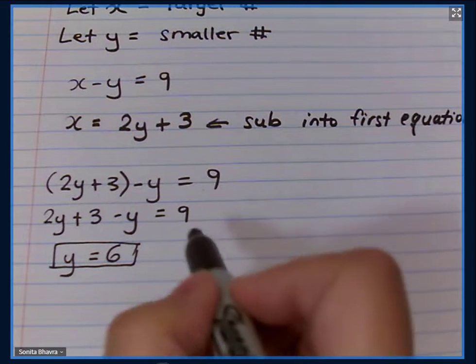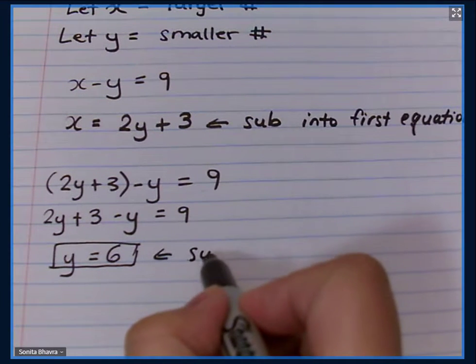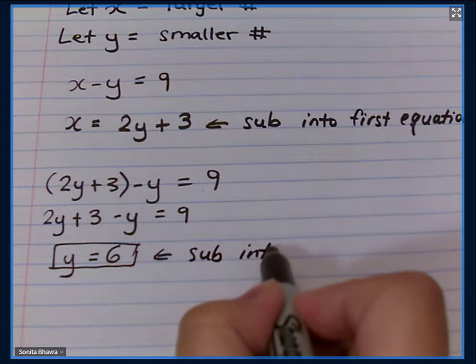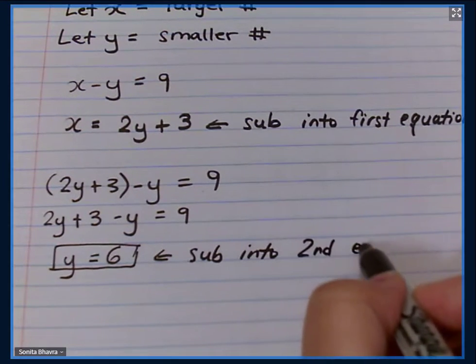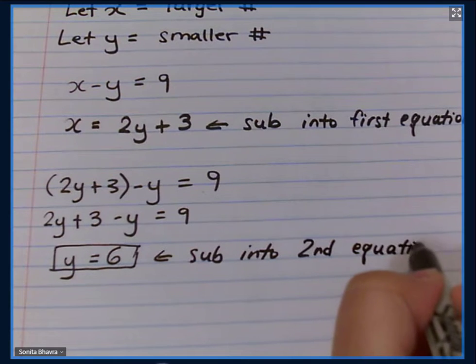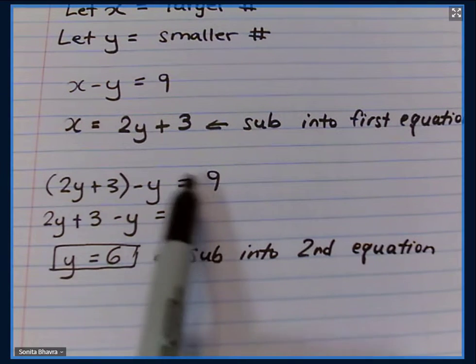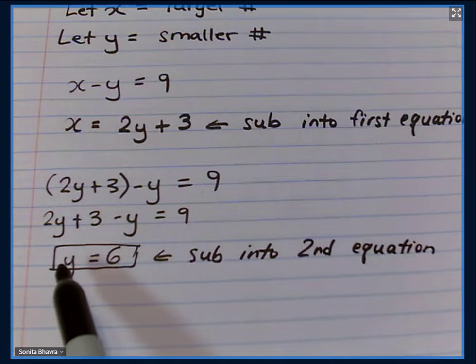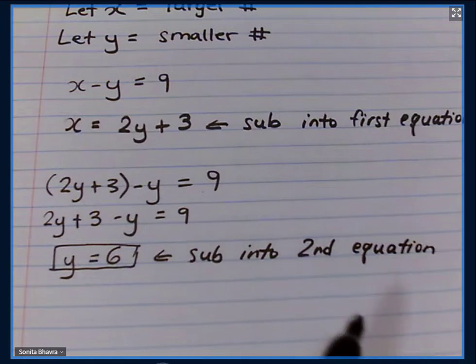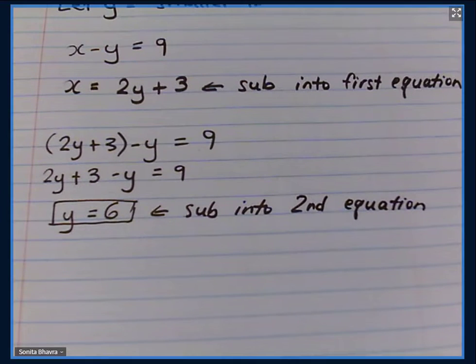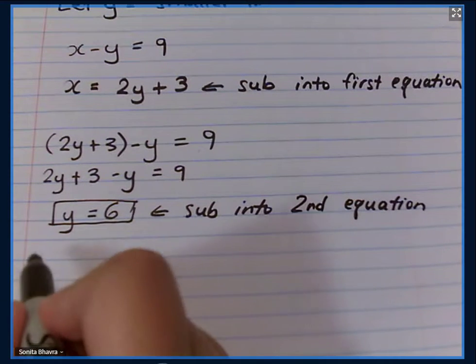Now I can take this and I'm going to substitute into the second equation. Don't substitute it back into itself. We've already used the first equation here. So we've solved for y. You have to take that y now and substitute it into the second equation. Our second equation is x equals 2y plus 3.